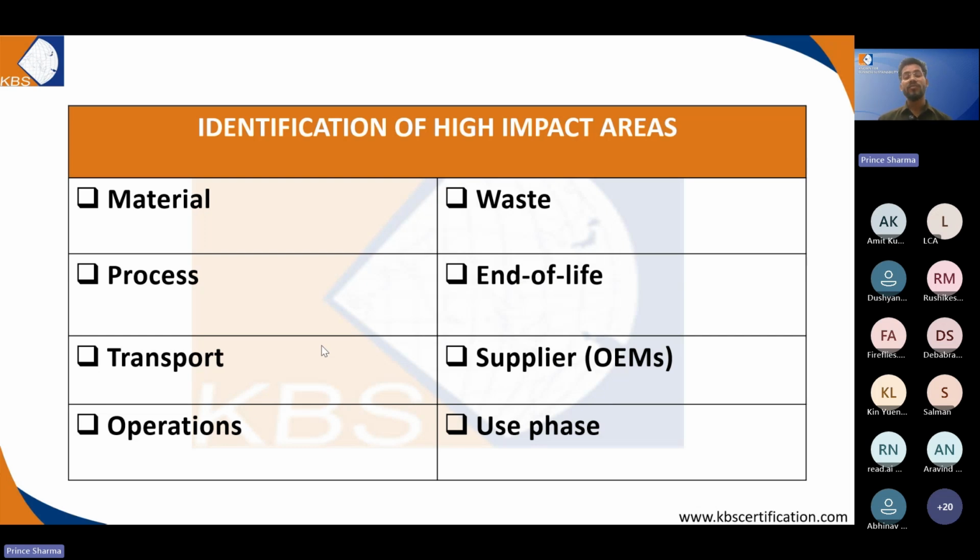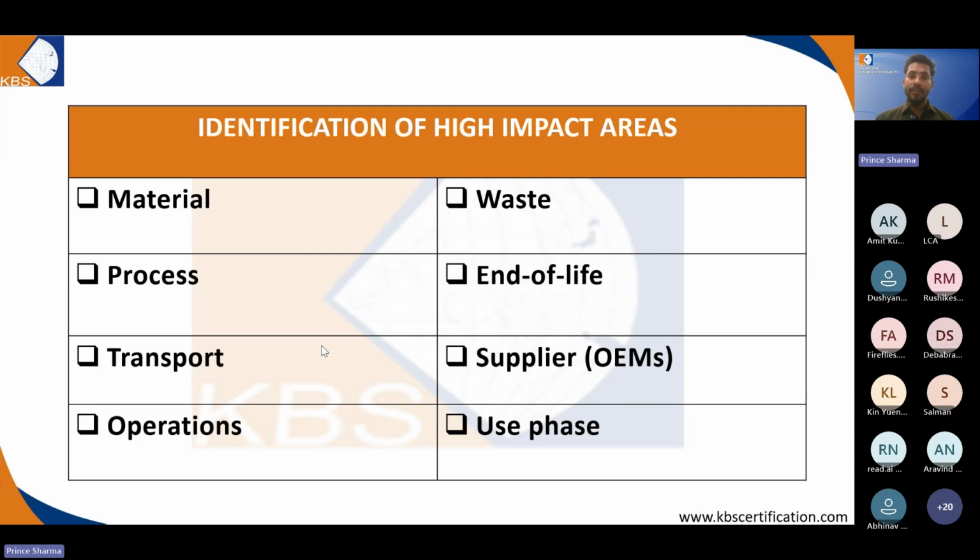Like right now we have the Toyota Kirloskar case, where they are trying to take those vendors which are having their GHG emissions accounted, and for that you have to do the life cycle assessment of your product.